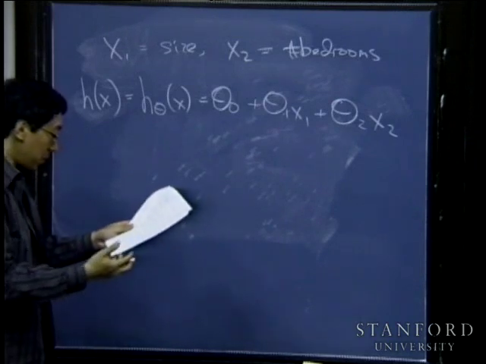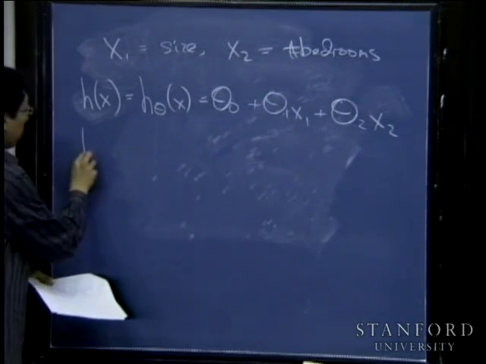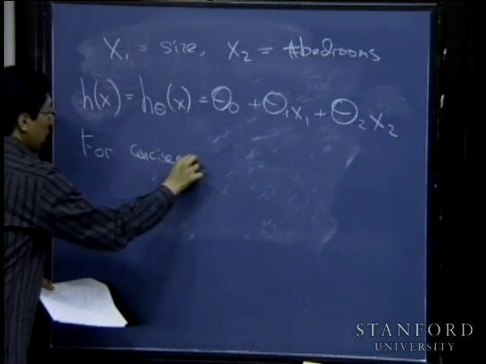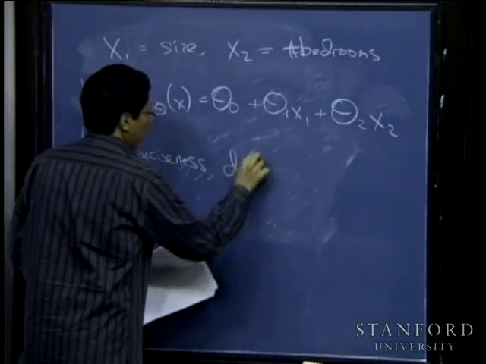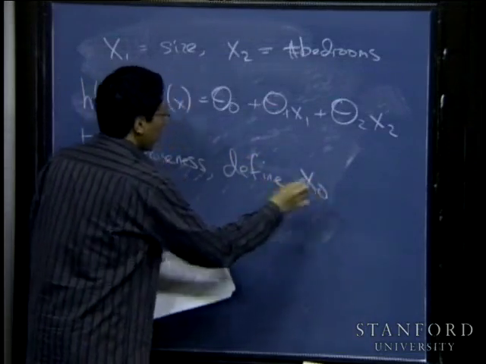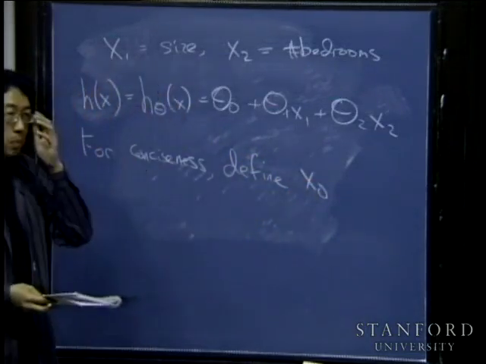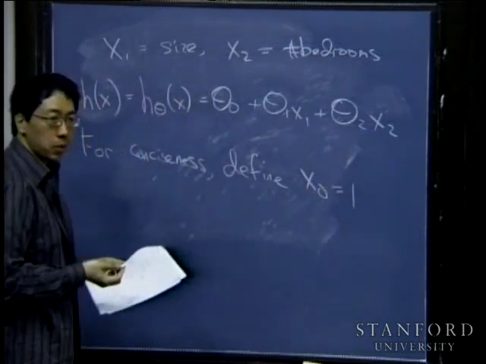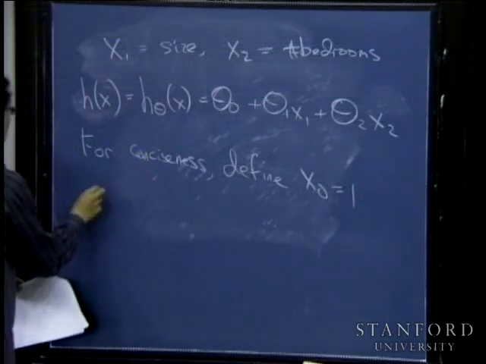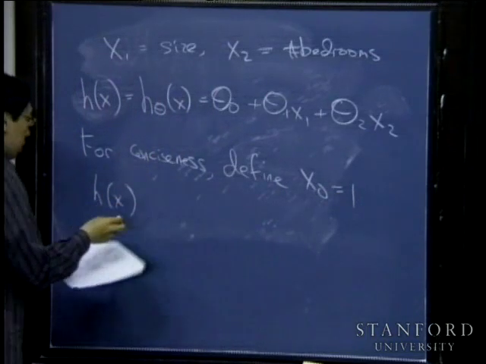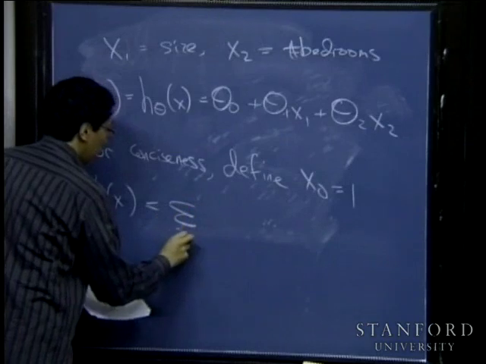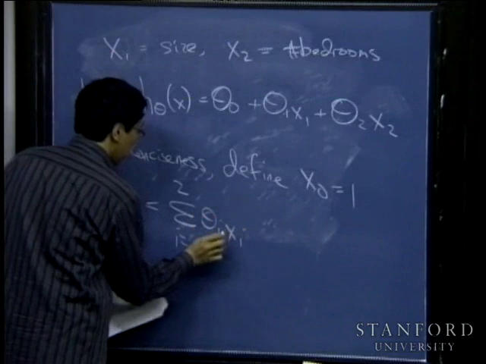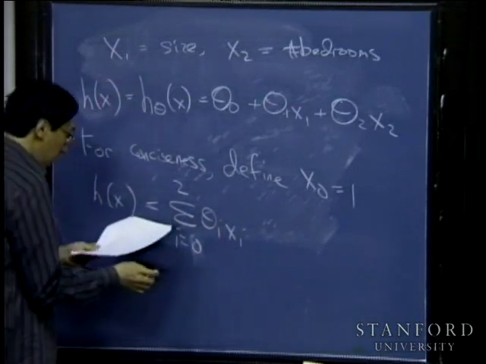Lastly, one final piece of notation. For conciseness, just to write this a bit more compactly, I'm going to take the convention of defining x0 to be equal to 1. And so I can now write h of x to be equal to the sum from i equals 0 to 2 of theta i x i.